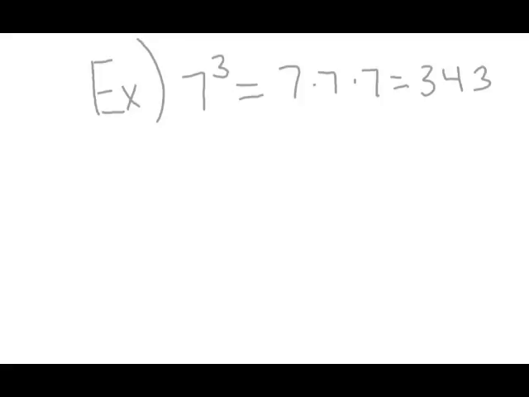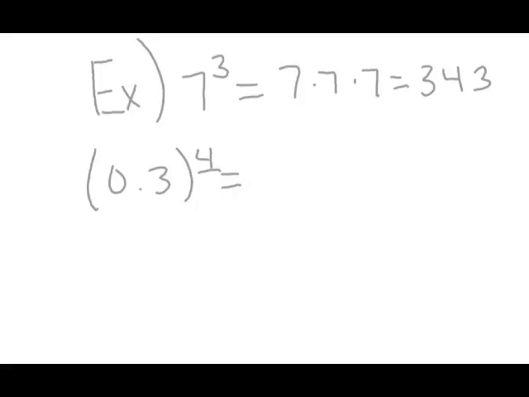Let's look at a decimal. 0.3 to the fourth exponent. The 4 indicates how many 0.3s are multiplied by each other.